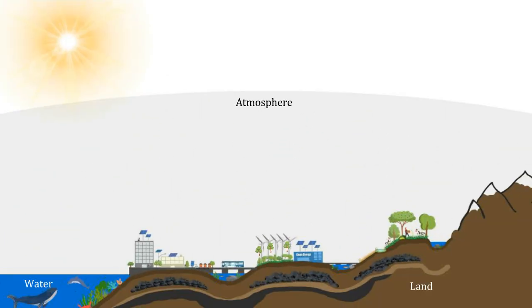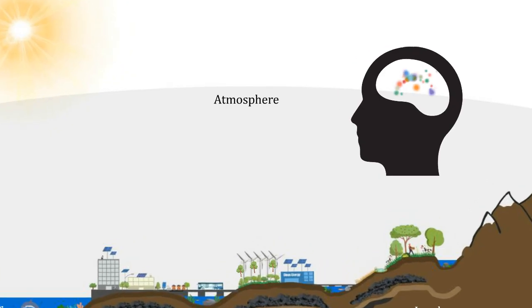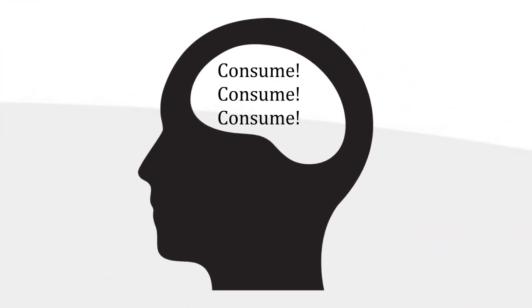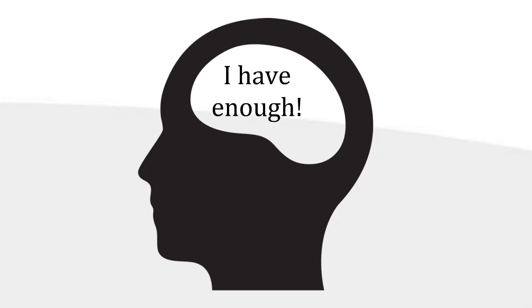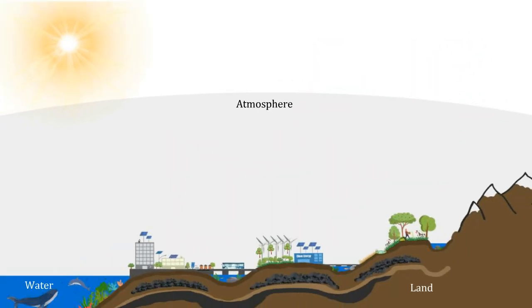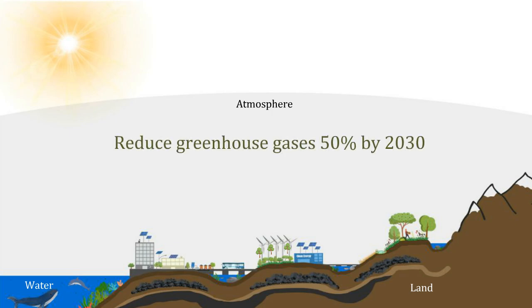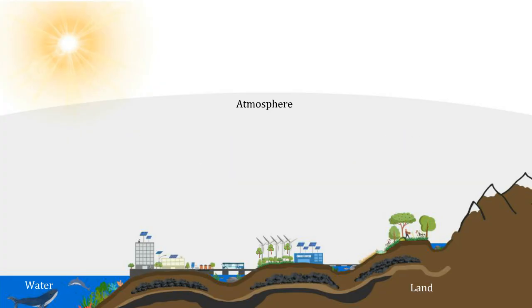But beyond switching our energy sources, a deeper shift is needed. Rethinking our lifestyles and consumption habits. If we want to avoid the worst climate outcomes, by 2030, we need to reduce our greenhouse gas emissions by 50% of 2019 levels, and by over 80% by 2050. Let's look at some of the specific things we can do.